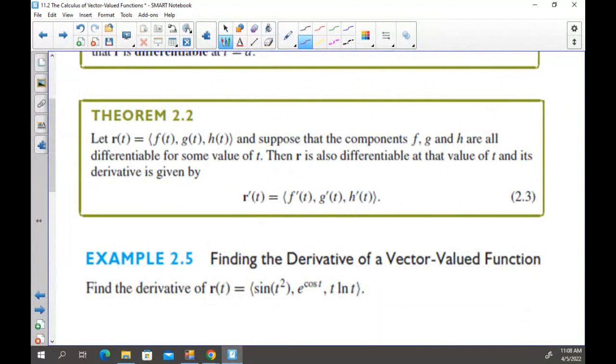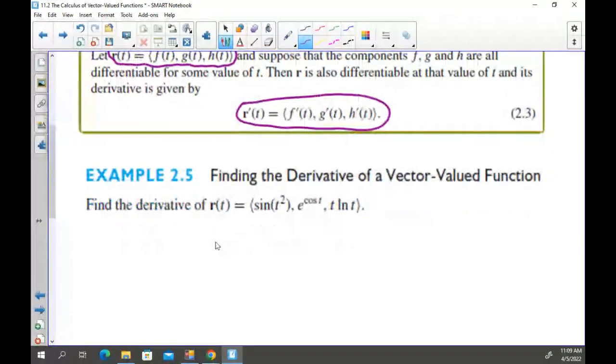Now, the derivative of a vector valued function. So you have R of t here. Its derivative is just the derivative of f and then g and then h. So if you have R of t like this and you want the derivative, it's going to be cosine t squared, but you need to multiply by the derivative of t squared, which is 2t.